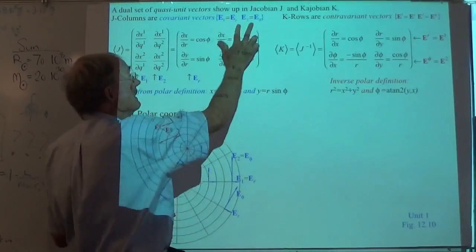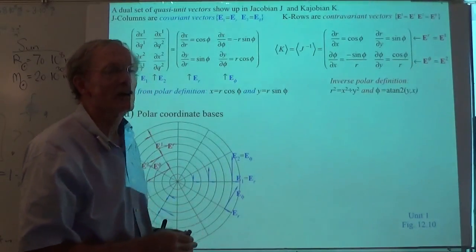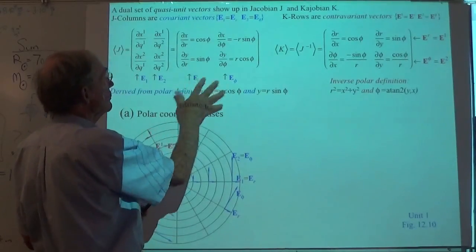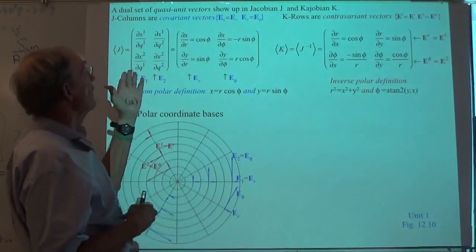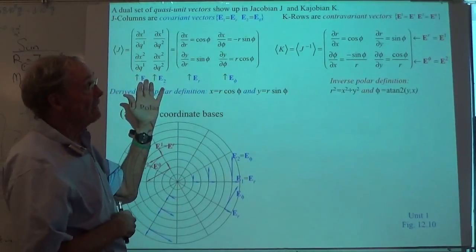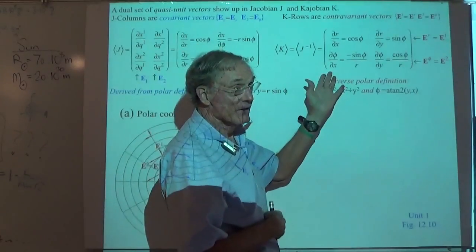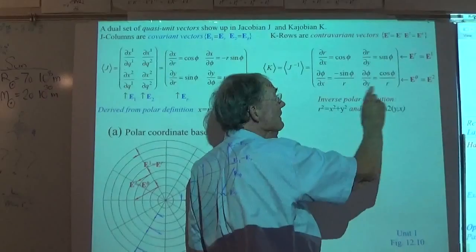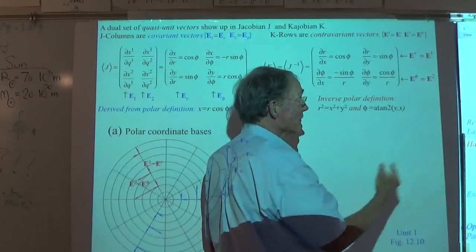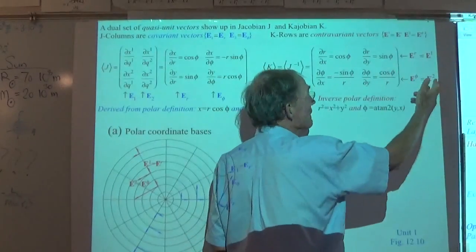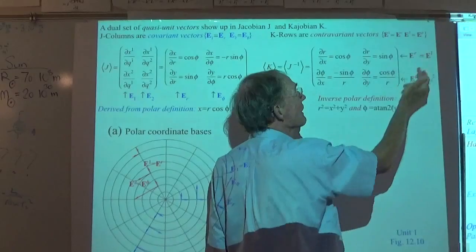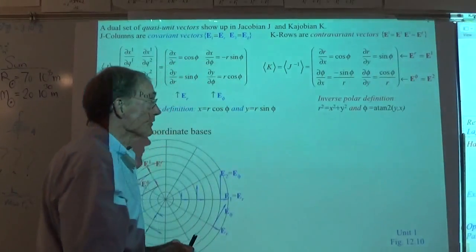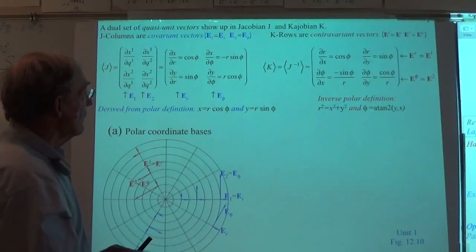But it's not. E stands for elementary vector, I think. Okay, so that's what you do. And then you take the inverse of the Jacobian, which is the Kajobian, and now the rows of the Kajobian are the contravariant vectors. E super 1 and E super 2, or E super R and E super phi for the polar coordinate case. Okay?